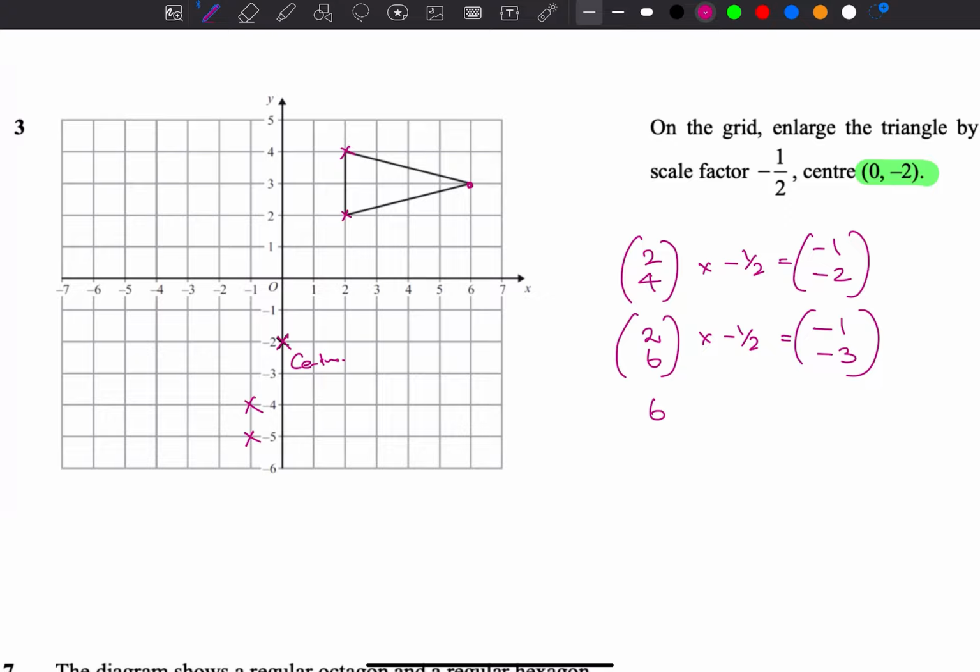Then you times it by minus a half, which will give you minus 3 and minus 2.5. Minus 3 means 3 left, and then 2.5. 1, 2, 2.5 is here.